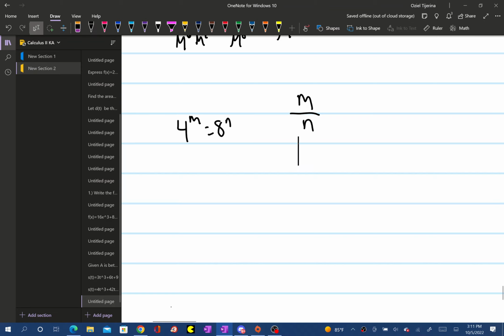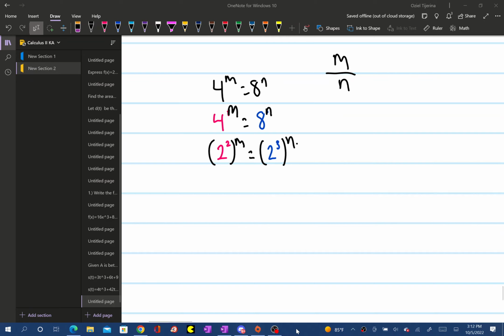So I can turn it into the following way. 4 to the m equals 8 to the n, so that means that 2 squared to the m equals 2 cubed to the n.